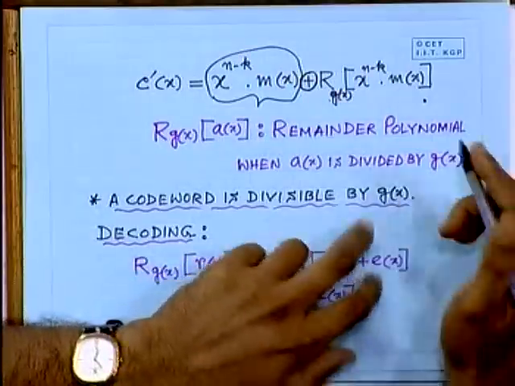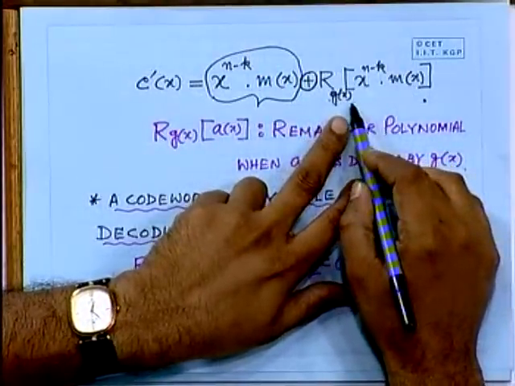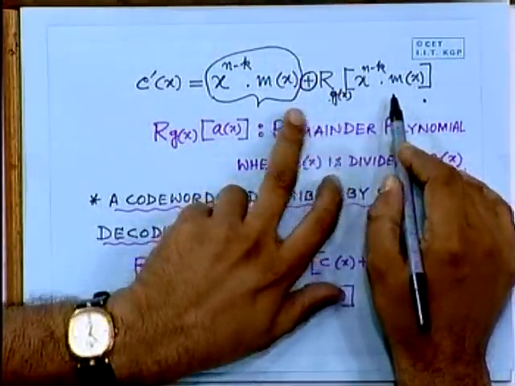So I am adding that remainder polynomial with the shifted version of the message polynomial. For binary Galois field 2, you better read this as subtracting. For GF2, subtraction is the same operation as addition, the XORing operation.